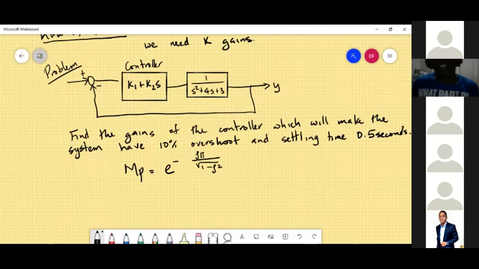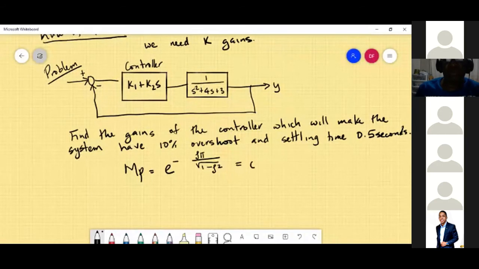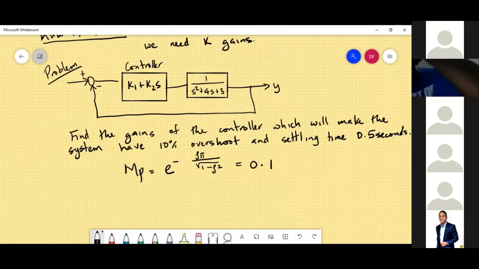So we're going to fill in the values. 10% overshoot means that this thing here is equal to 0.1. Everything else there is known because only the damping ratio is in there. We can work out the damping ratio.